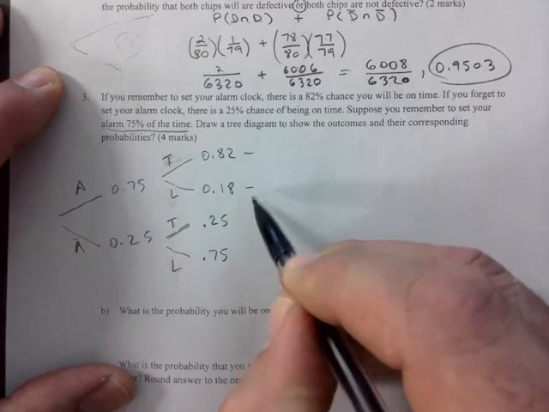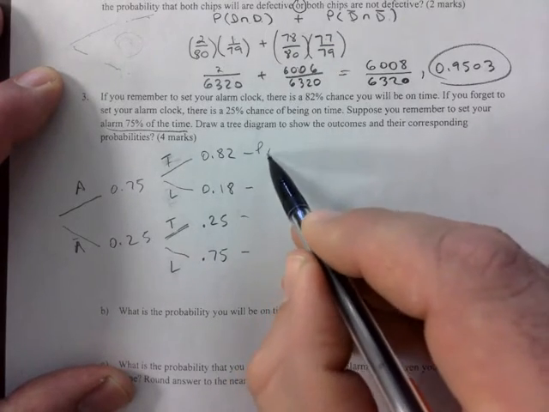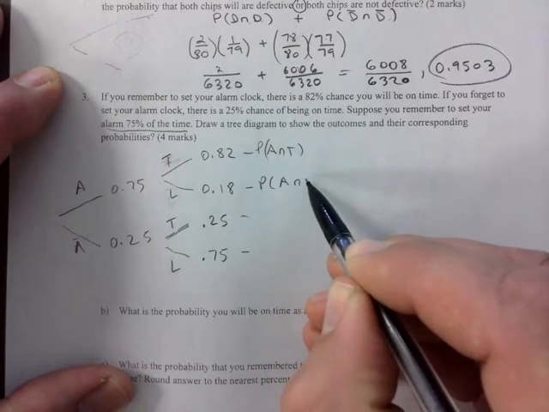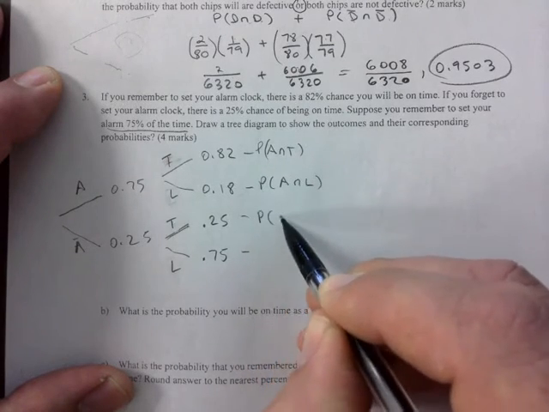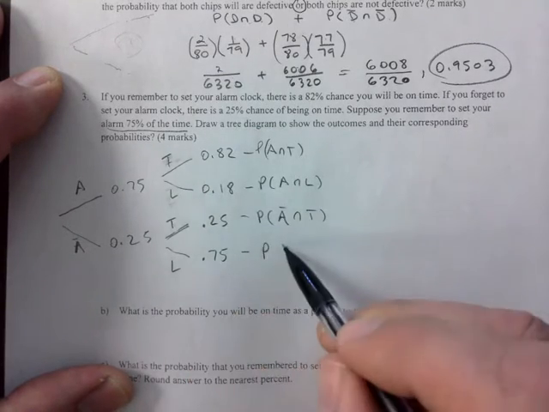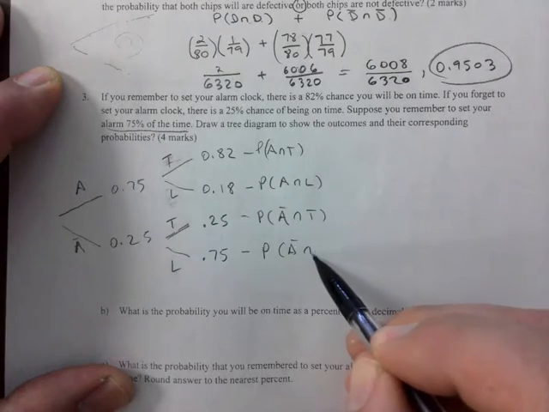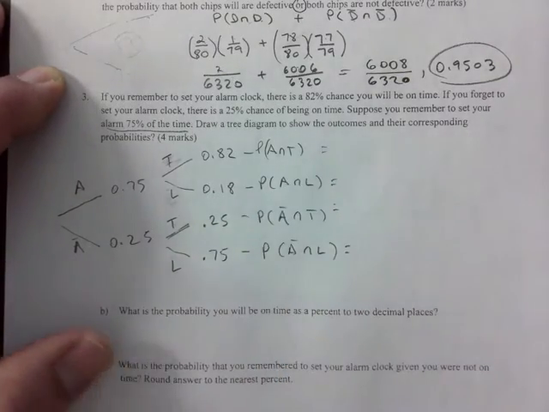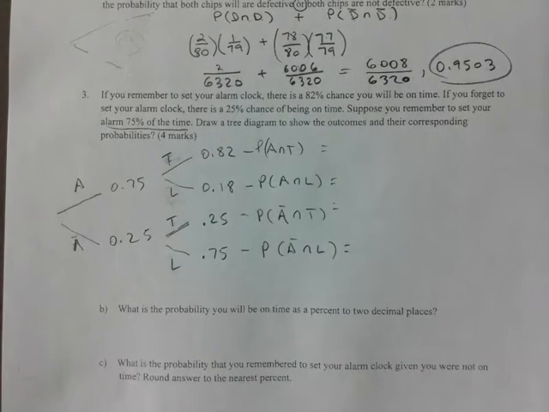And then I want you to do this. It doesn't take a long time. Probability of alarm and on time, alarm and late, not setting the alarm and being on time, and forgetting to set the alarm and being late. So do this, and you can just multiply them. You don't need to show me that you're multiplying them.